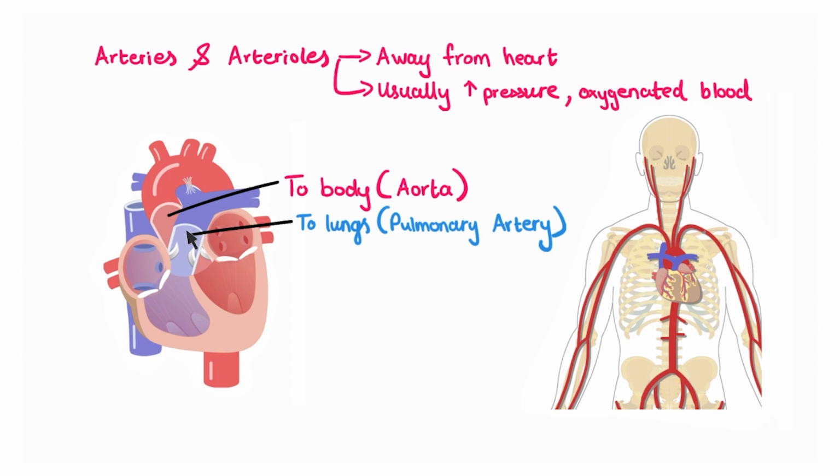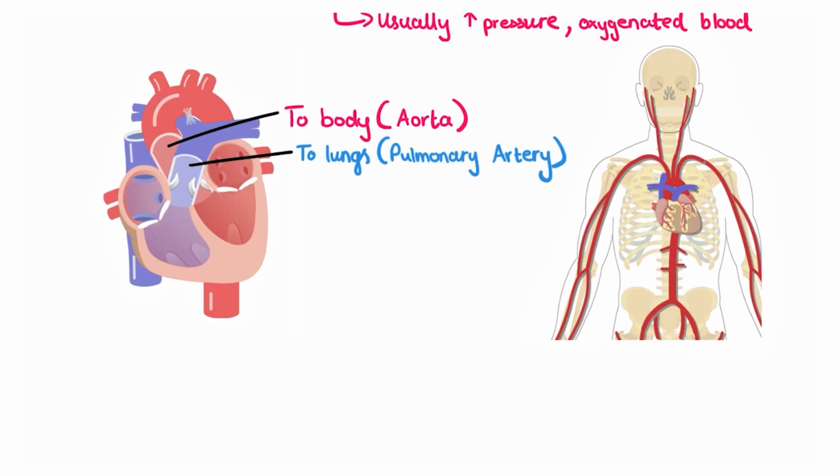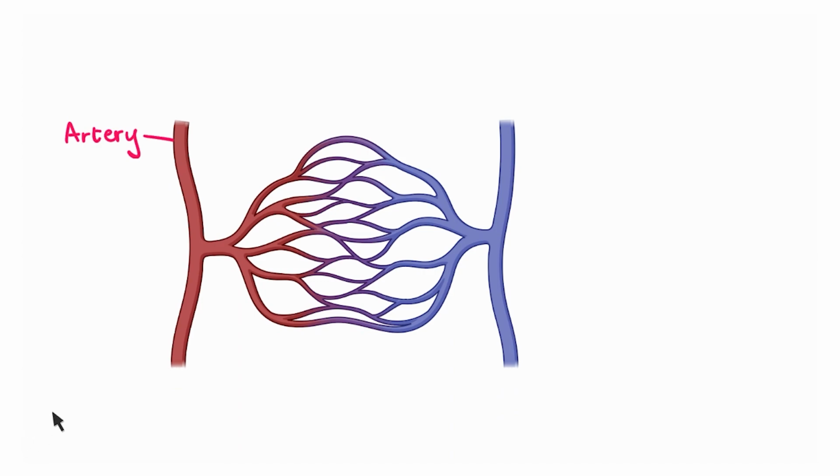If we follow the aorta, we see that it divides further into many smaller arteries that will carry the blood to various different tissues. As the arteries reach the tissue, they then start branching into even smaller vessels called arterioles. So again, it's the arteries that branch further to give rise to the arterioles.